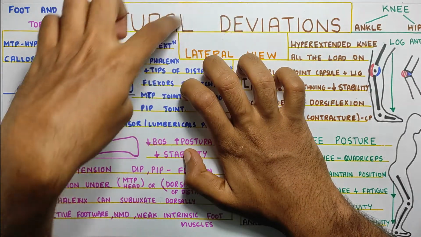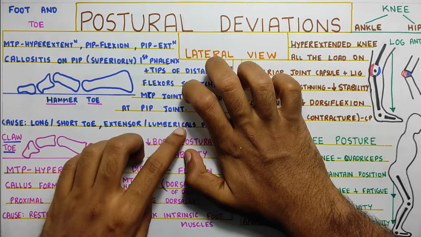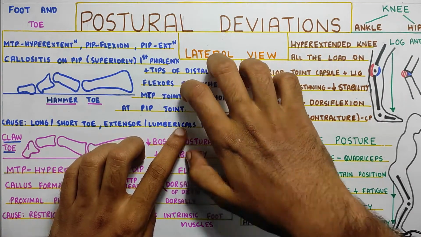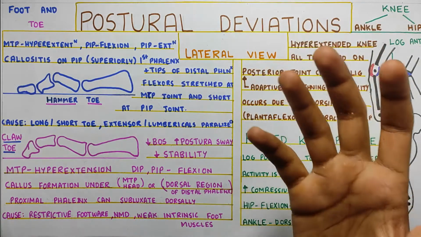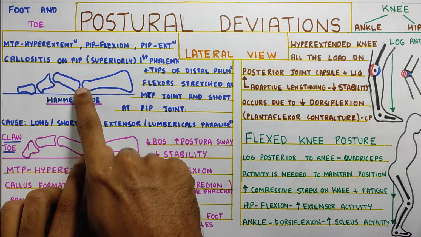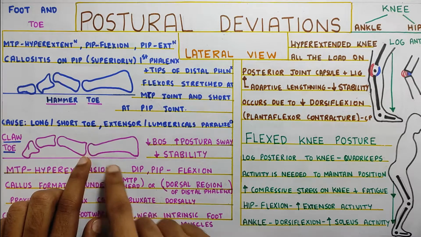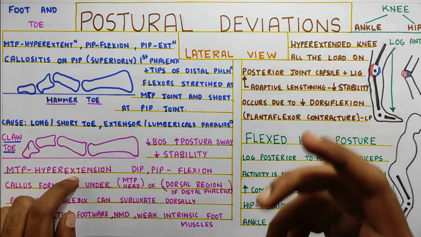The base of support, which was over here like this, will be reduced, which will increase your postural sway. Because your support is reduced, your sway will be increased and the stability will be reduced. There will be MTP hyperextension, as we saw over here, and then PIP and DIP both will go for flexion this time.